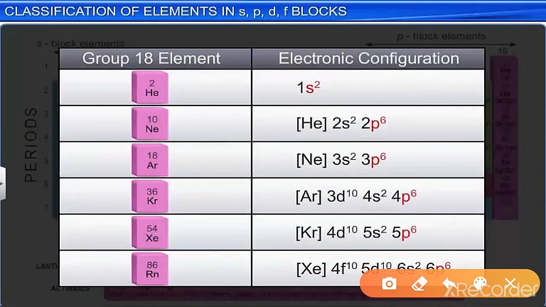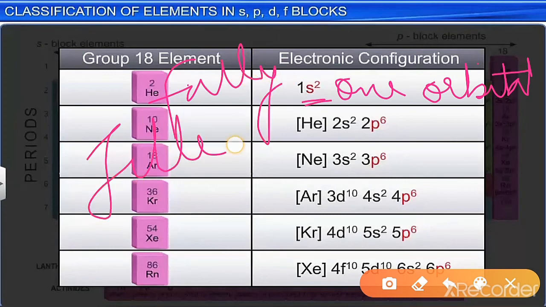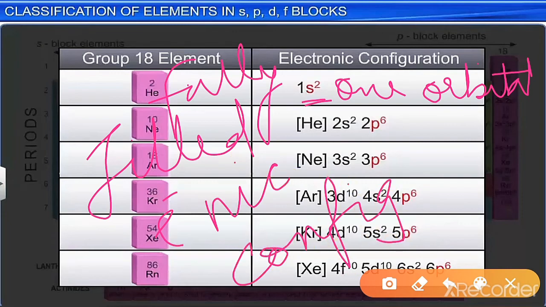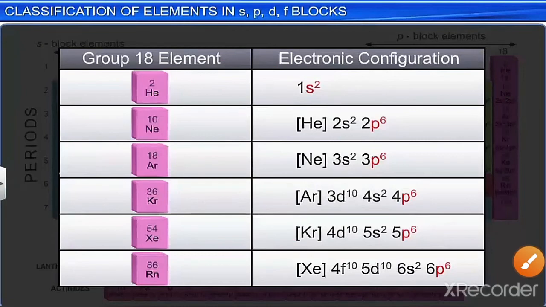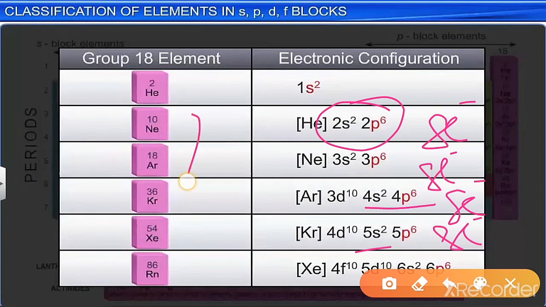Now what happens over here is, you can see that helium has only one orbital, so a maximum of 2 electrons, so it has a fully filled electronic configuration. Similarly, the other noble gases have 8 electrons, and this also is a fully filled stable electronic configuration, due to which these and helium have similar physical and chemical properties.